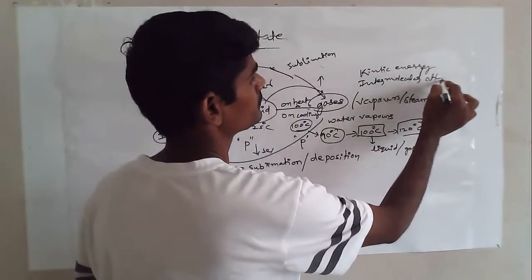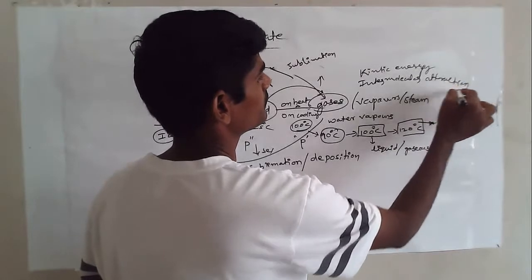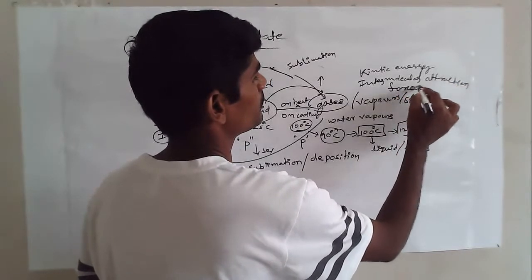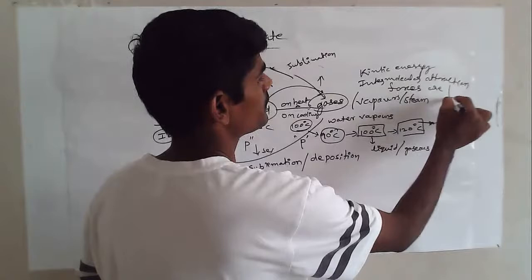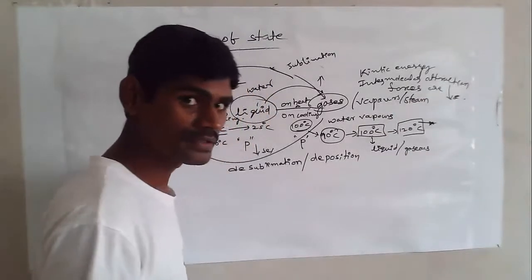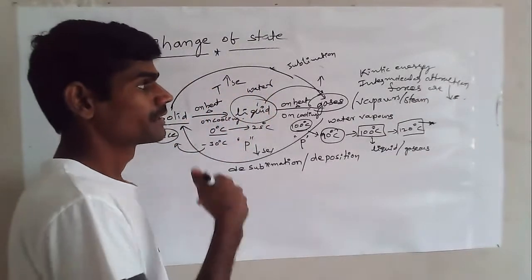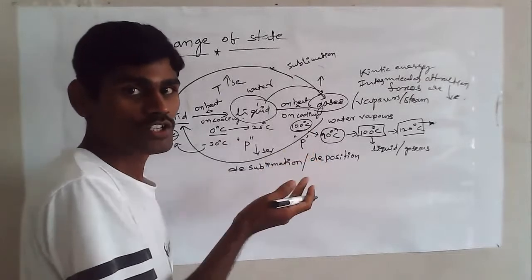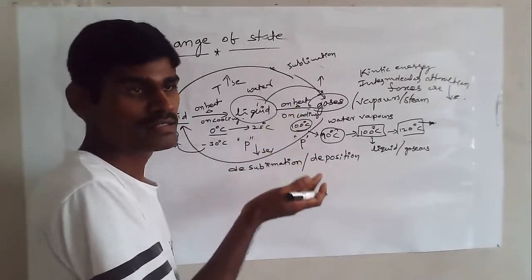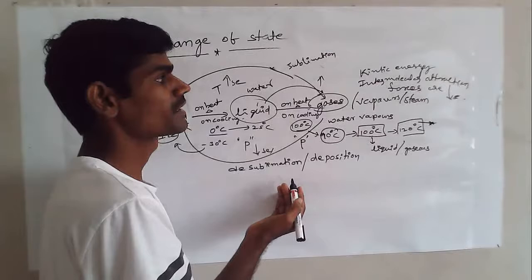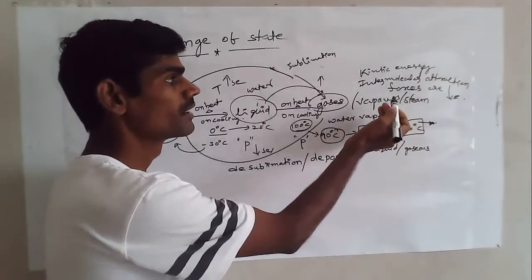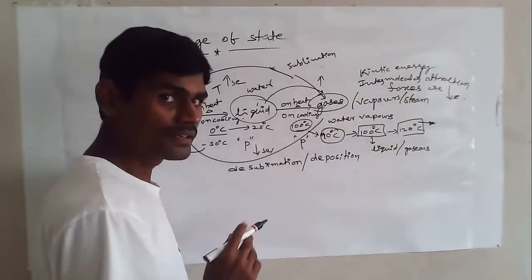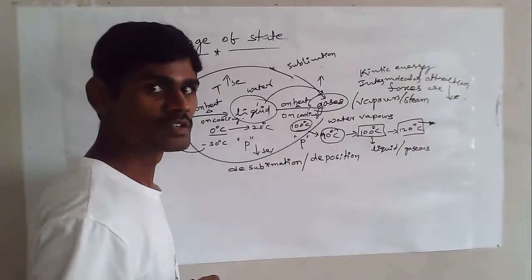Intermolecular attraction forces decrease down. Clear. Temperature is directly proportional to kinetic energy. When temperature increases, kinetic energy also increases. When kinetic energy increases, the intermolecular attraction forces decrease between the particles.